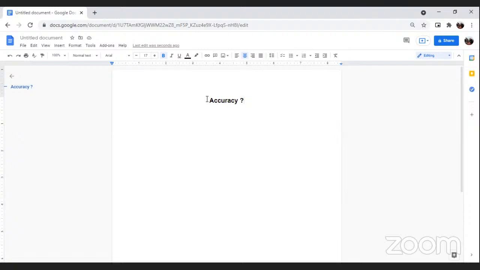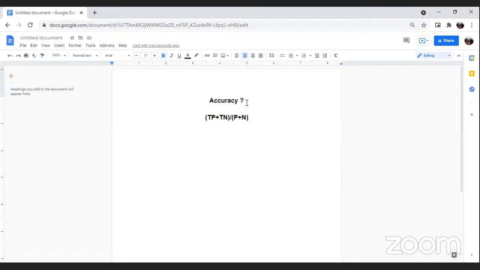Now, how is accuracy derived? So the accuracy is derived as total number of positives plus total number of true negatives.